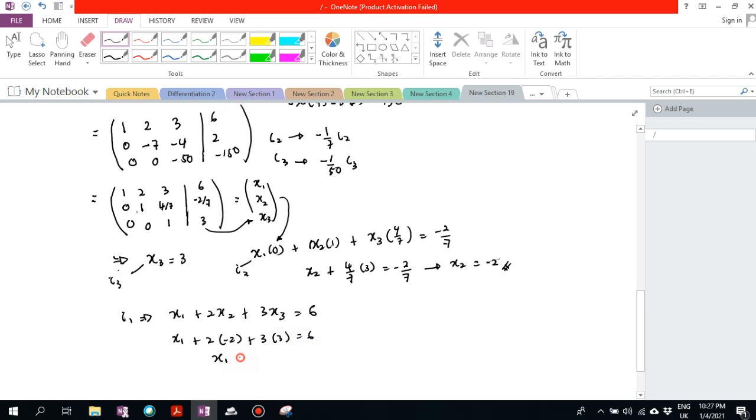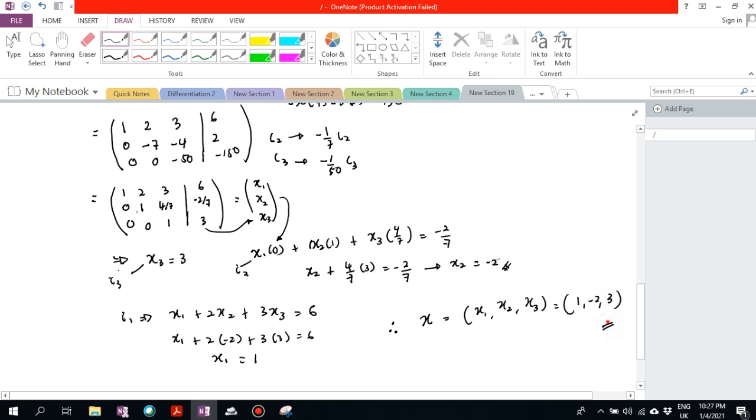So you get x1 is equal to 1. Hence your solution x, which is x1, x2 and x3, is equal to 1, negative 2 and 3.